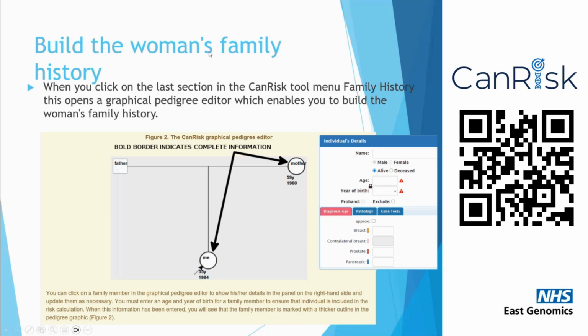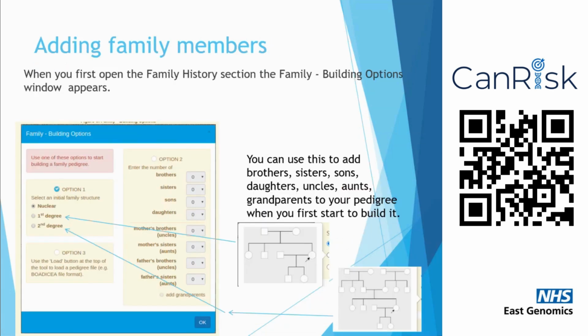So when we're building the family tree, which is the last section that I've just got to, there's multiple different ways of doing it. If it's in bold, it circles so that it indicates that the information is complete. And you can set up the family tree multiple different ways.